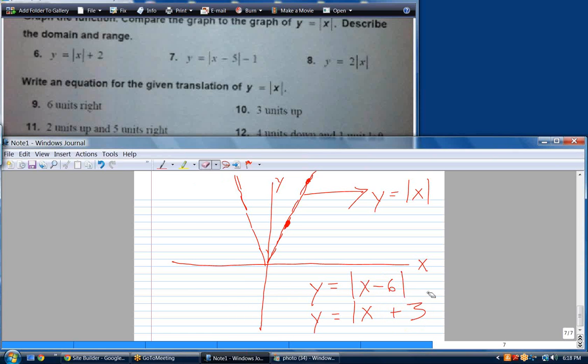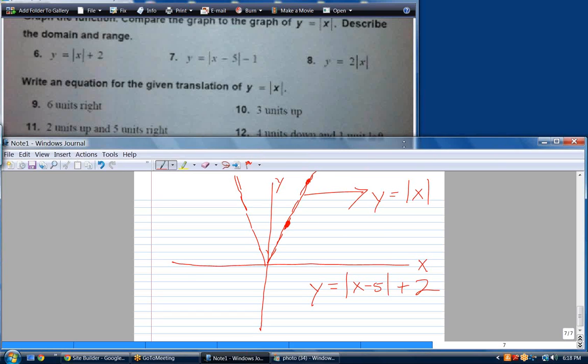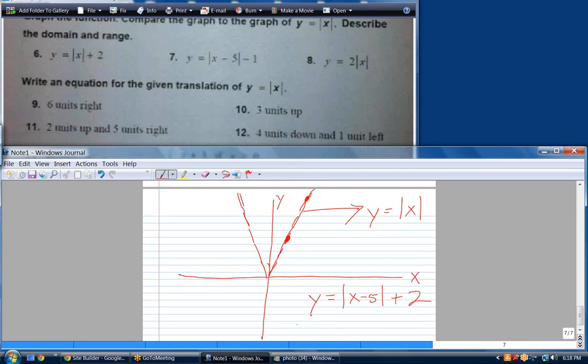Okay, so what is 2 units up and 5 units to the right? It would be y equals absolute value of x minus 5 and then plus 2. Good. And the last one is 4 units down and 1 unit left.